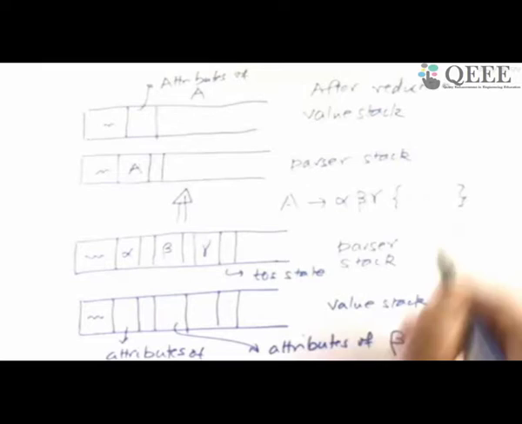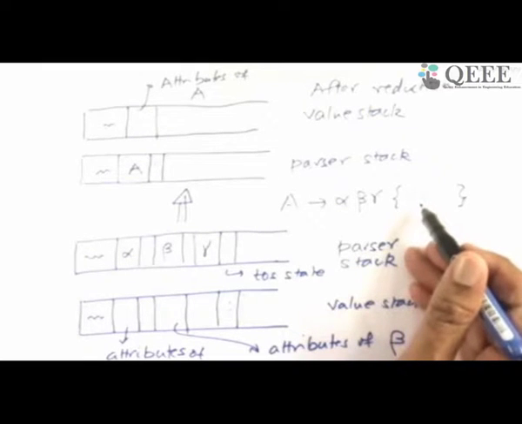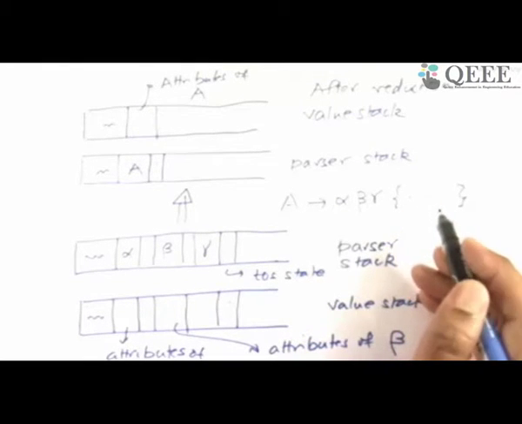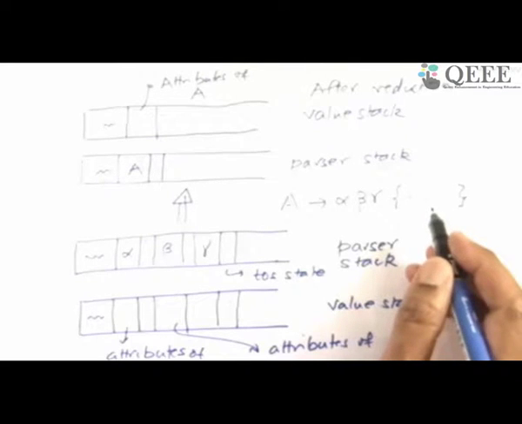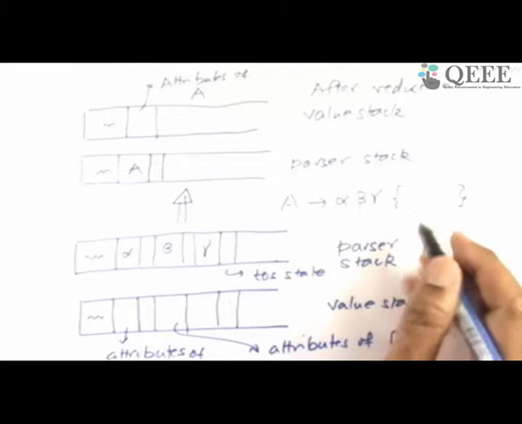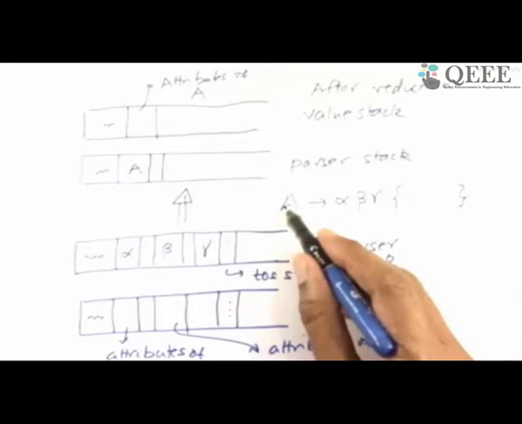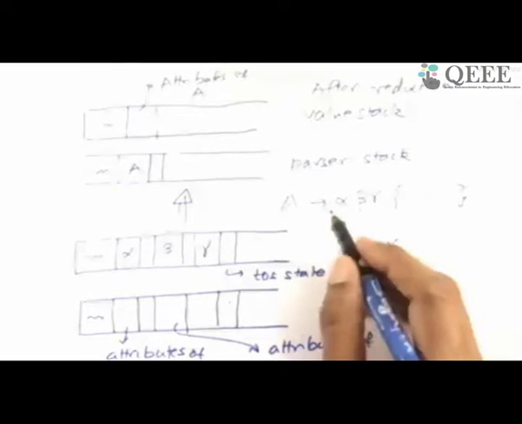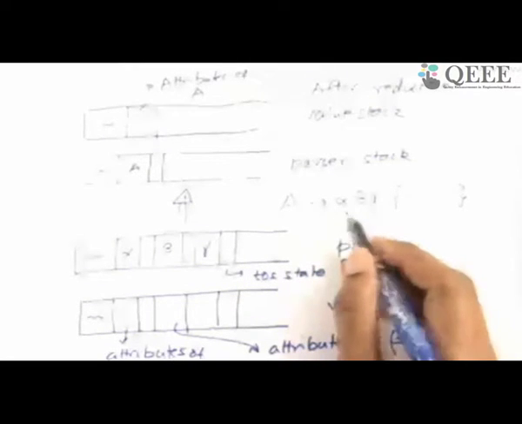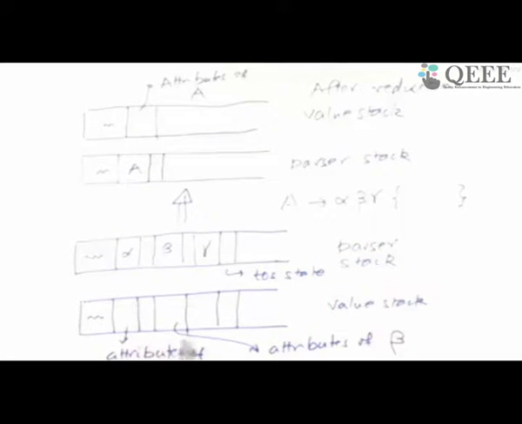So what is the purpose of the rules? The purpose of the rules is to perform whatever is required to find the meaning or generate code or whatever is relevant, using the attributes of alpha, beta, gamma, which are already on the stack.